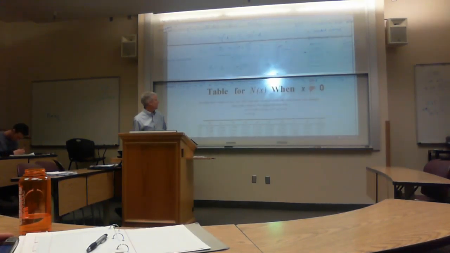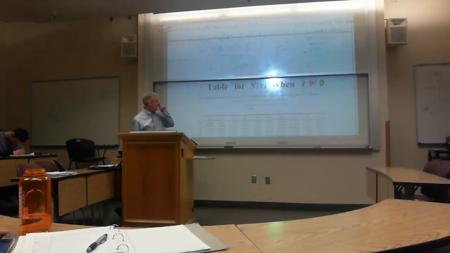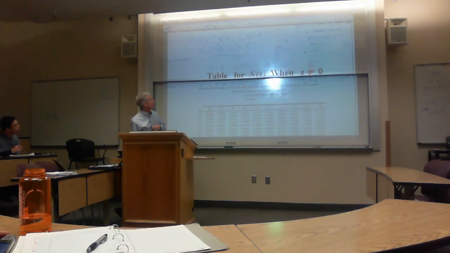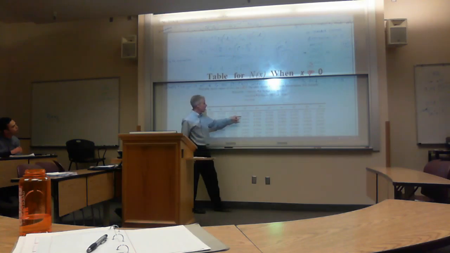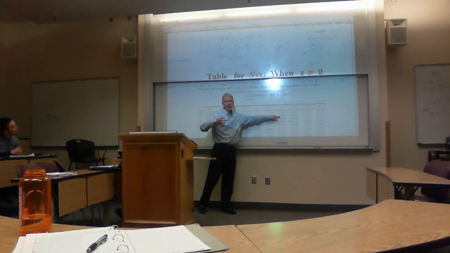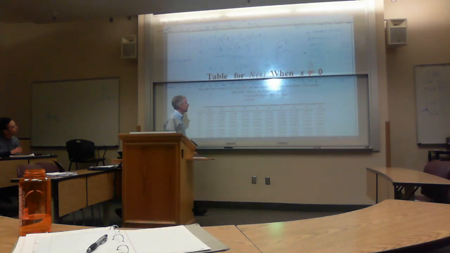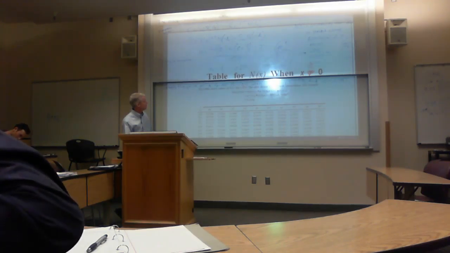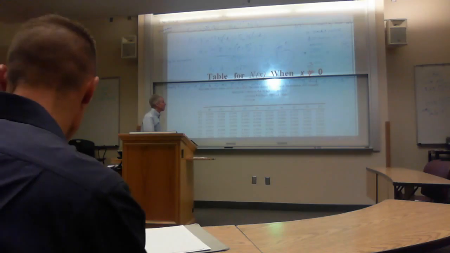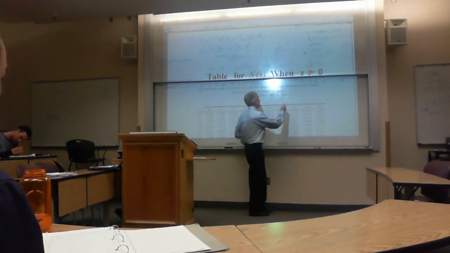So this is the table for N of x given x. When you find D1, for instance, round it to 2 decimal points, and then to look it up on the table, you find the first decimal point here in the table, and then go across to your second decimal point, and that gives you N of that value. I will leave that up here so you can put it together. Don't worry about this interpolation stuff.